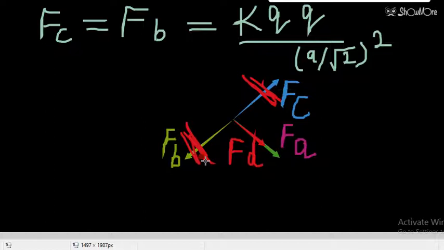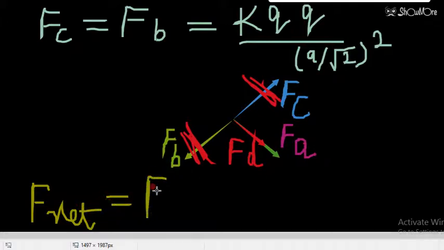But FA and FD, so the net force, here we can write F net. So the net force at O, or at the central charge, will be equal to FA plus FD.